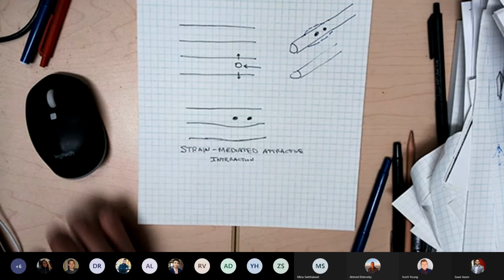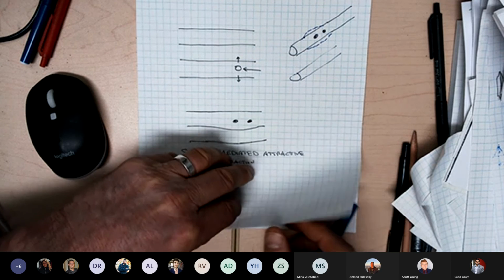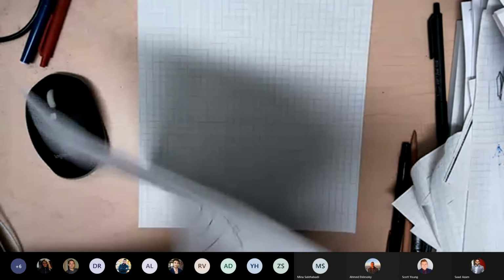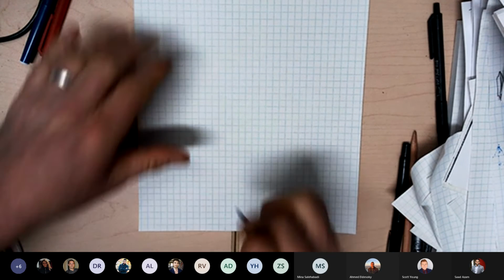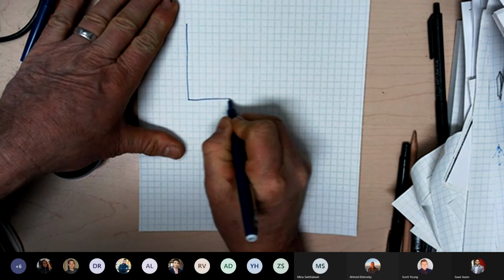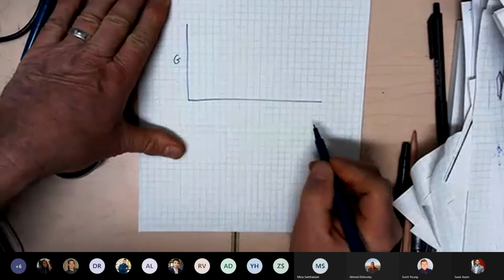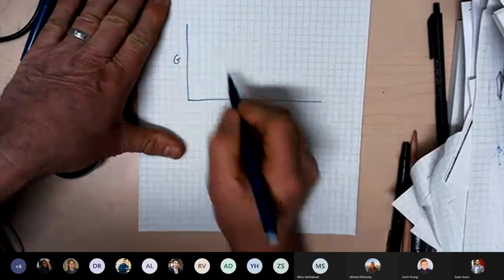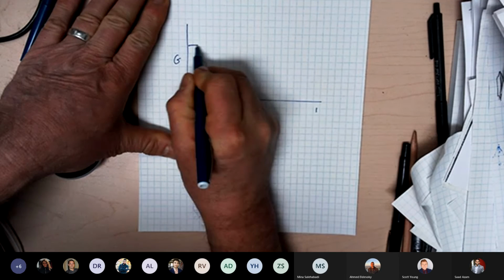Okay, so let's go back to the document camera. If the free energy is concave down versus x from 0 to 1, say it looks like this.